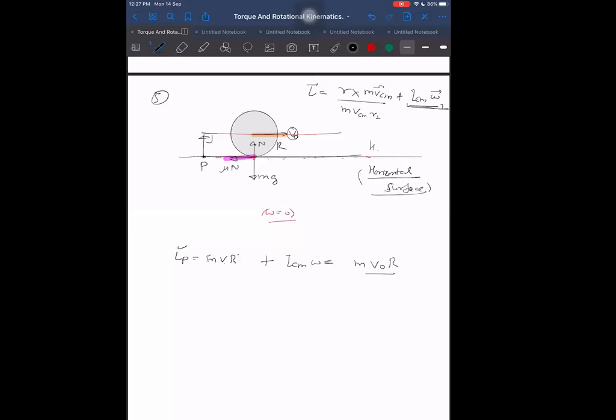Kinetic energy is getting lost. So friction is not converting the kinetic energy into rotational kinetic energy only. Friction is converting the translational kinetic energy into two forms of energy: heat energy and rotational kinetic energy. That we can say. Okay, sir. Right.